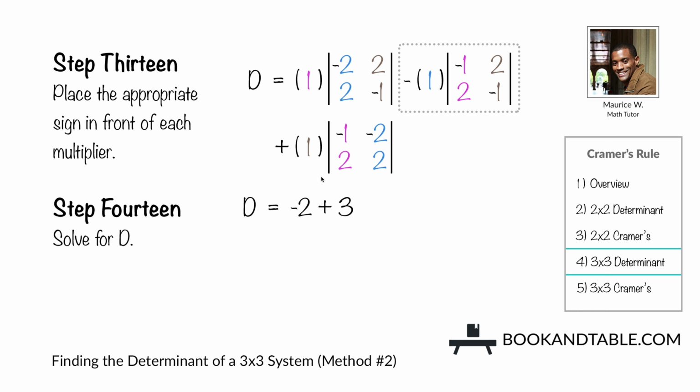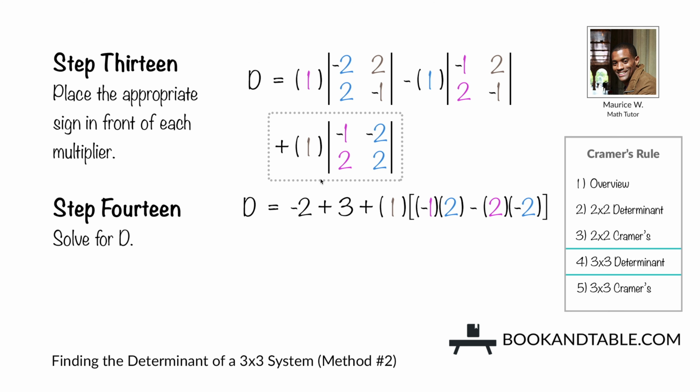And we can move on to the last 2 by 2 here. When we find the determinant of this matrix here, we get negative 1 times 2 minus 2 times negative 2. We're going to multiply this times positive 1. So starting inside of the brackets, we have negative 1 times 2, which is negative 2.